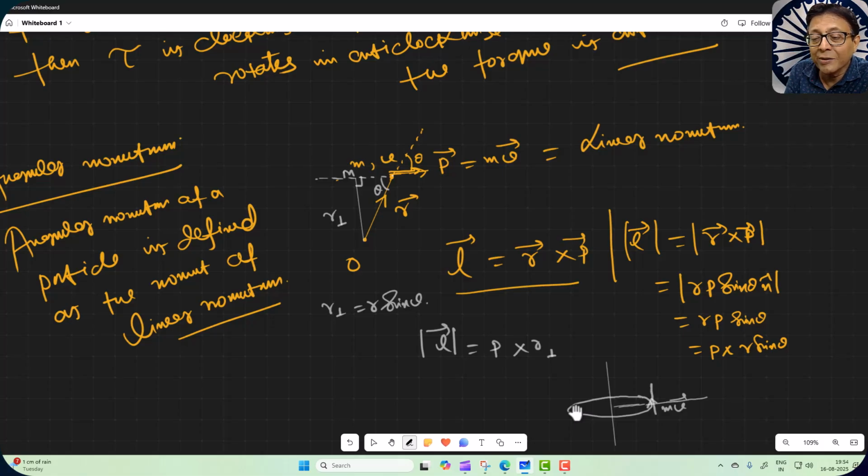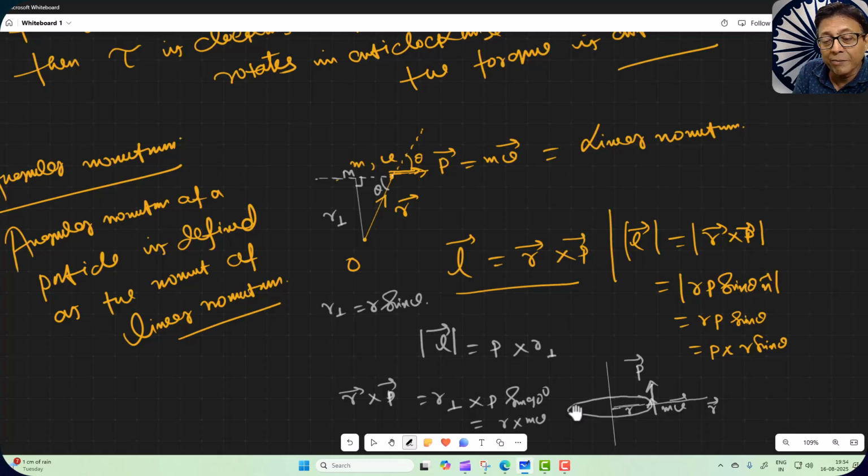P vector this way. This is R. This is P. So R cross P this time is going to be R perpendicular, same thing, into P sin 90 degrees. If you take the radius as R only, that is R into mv. This is mvR.